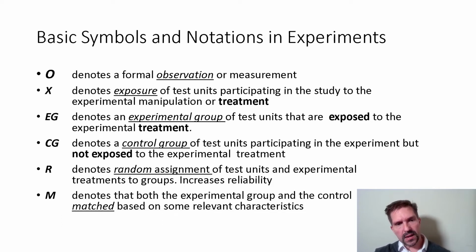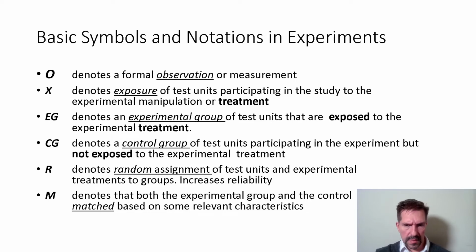Now, to understand that, we need to understand what happens in those experiments. So we're going to start with the little symbols that we're going to use to describe them carefully, right? The first one is this O, which essentially means that we, through whatever means, are going to collect some measurement. Okay, it could be an observation, or it could be asking some question to a respondent, or maybe using some sort of device that enables us to collect information.